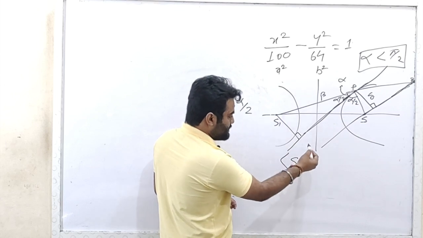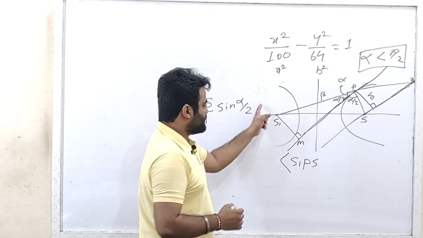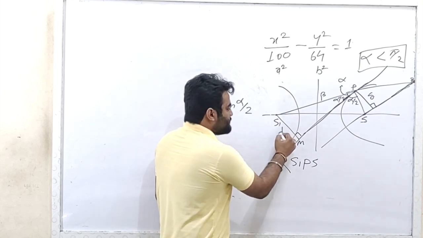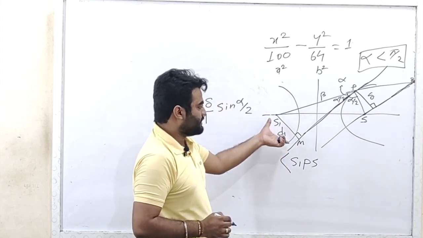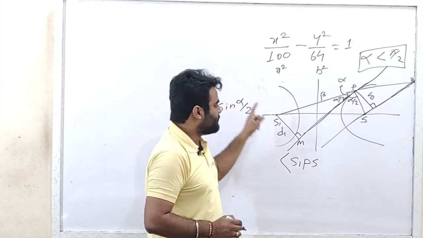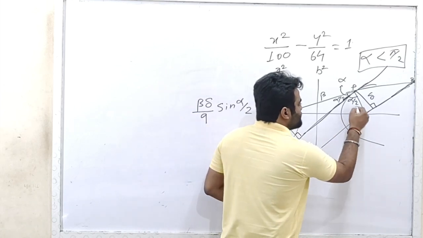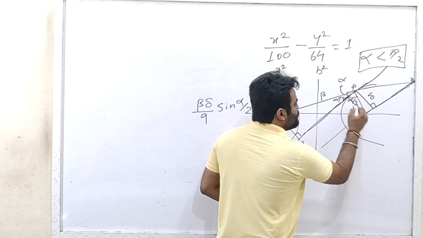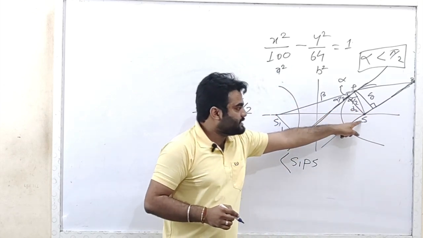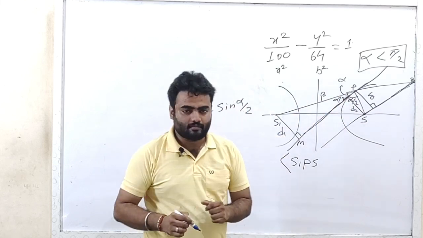Let me call this point M, and let me call this one D1. D1 is the perpendicular distance to the tangential line from the focus S1, and let D2 be the perpendicular distance from the point S to the tangential line.